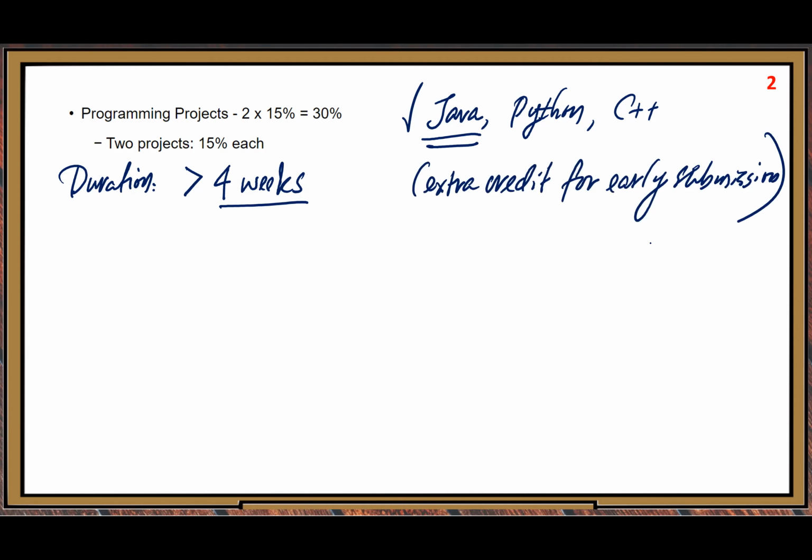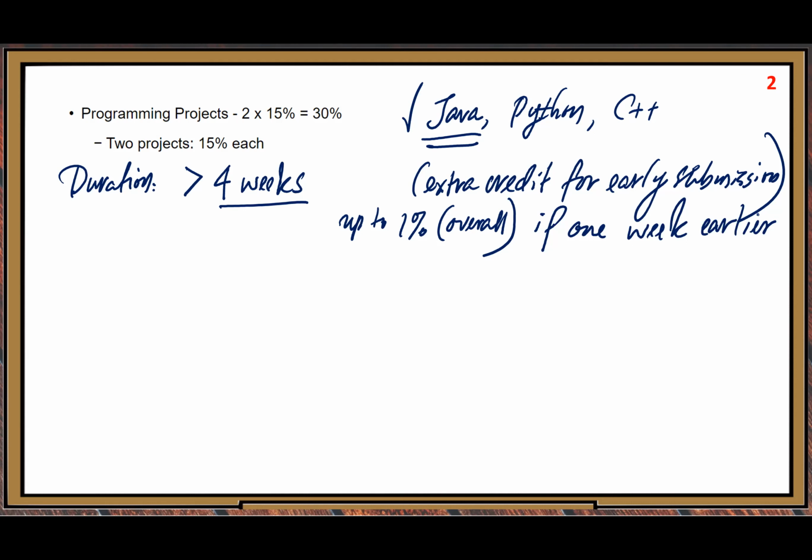You can earn up to 1% overall if you submit 1 week early. One week earlier, you can earn 1% extra credit for each project. So if we have 2 projects, up to 2% total extra credit.